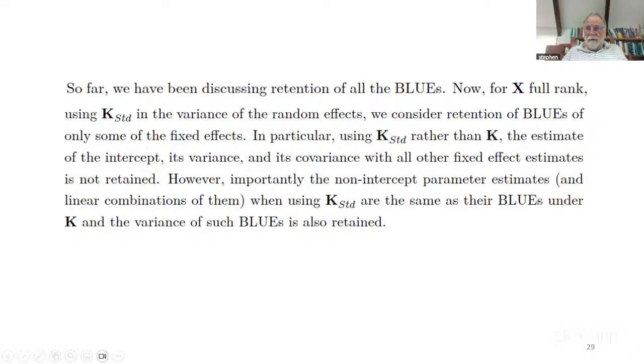Just to complete, I'm going to go through and show you how the proof works, because it's quite interesting that Rao's paper is very much about retaining all the BLUEs, but it turns out there are conditions under which you can retain some of them.